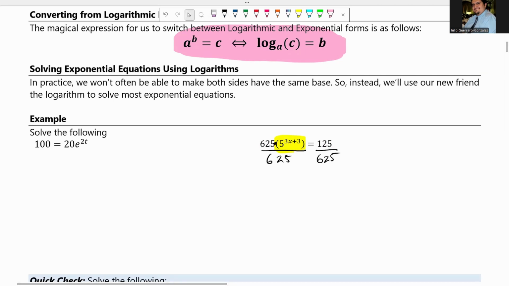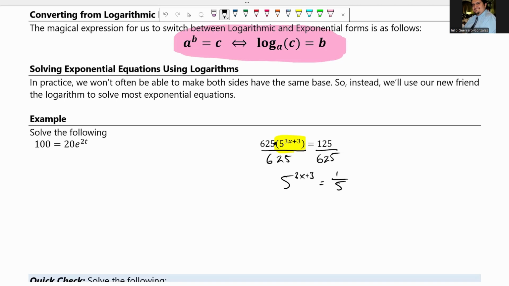When you do this, you get 5 to the 3x plus 3 is equal to 1 over 5, if you reduce it down.